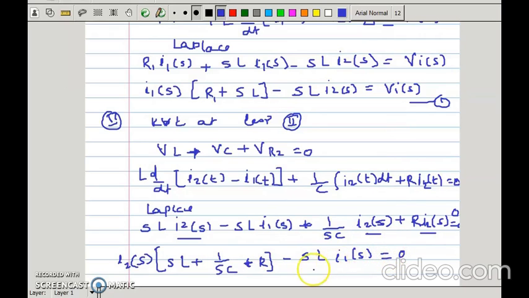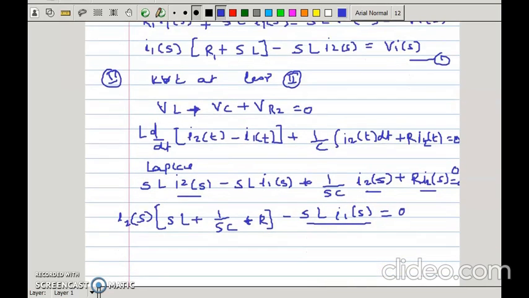Now once we shift this term to the RHS side, it becomes plus. So it is SL I1 of s. Since the term is multiplied here, when we shift it to this side, it becomes divide.